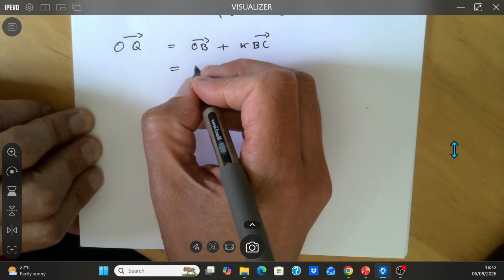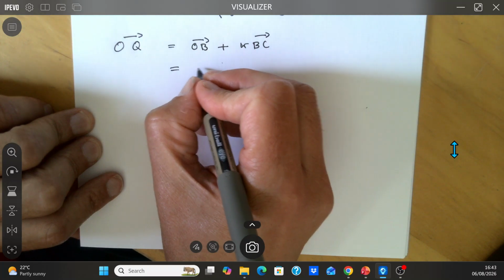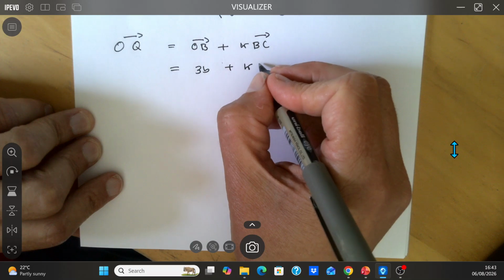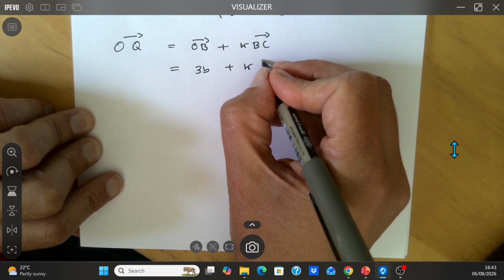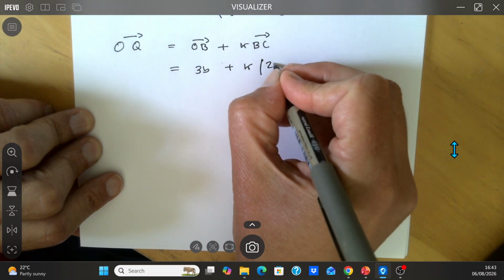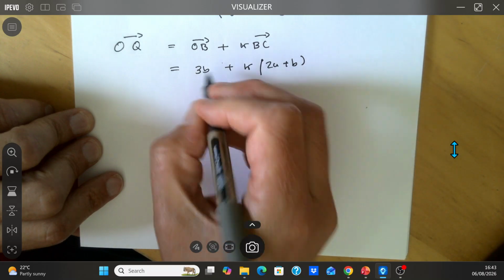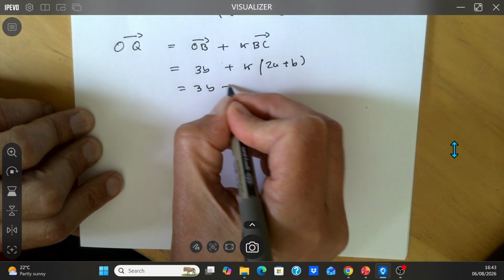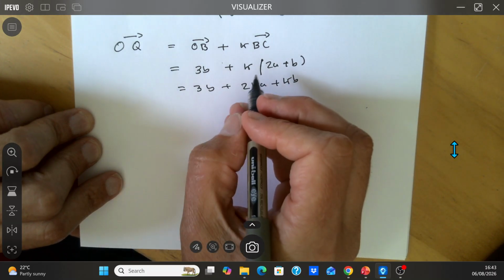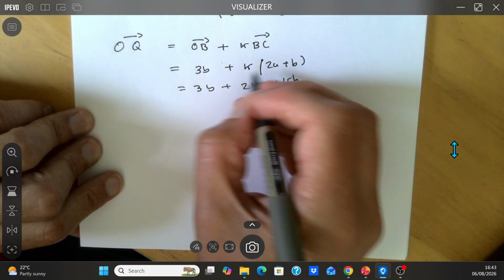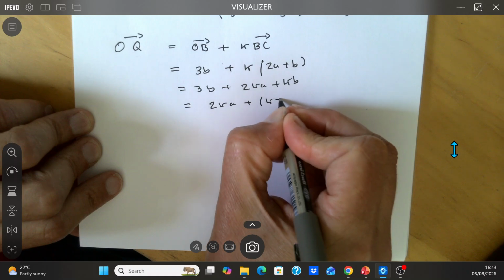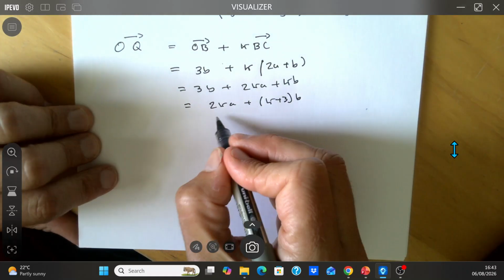So OB is 3B, plus my multiple, which I'm calling K this time, K lots of 2A plus B, which is 3B plus 2KA plus KB, which we can write as 2KA plus K plus 3B.